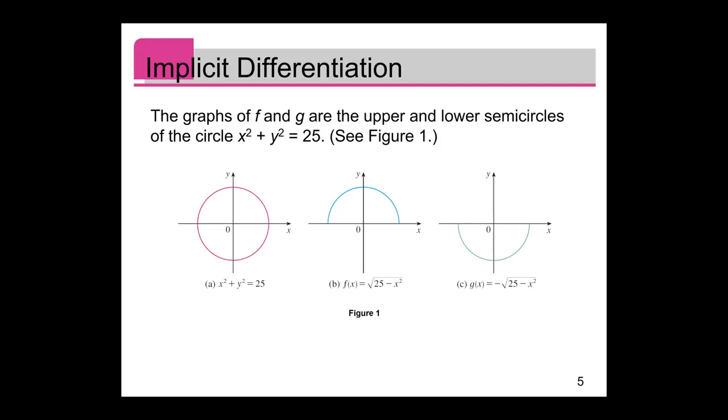If we were to graph it, x squared plus y squared equals 25 is a full circle with a radius of 5, because that's the equation for a circle. But if I have to explicitly solve it, I have these two semicircles, and it depends on which one of these semicircles I need to decide which function I'm going to use, right?